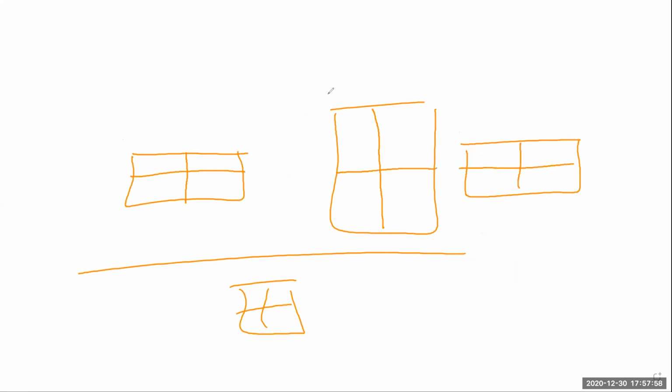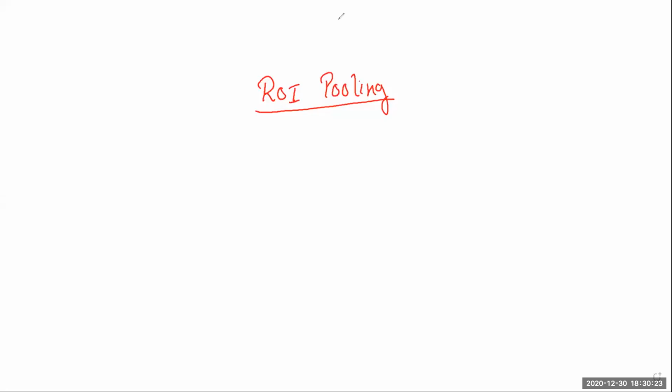So it means that this would be different for every box. My objective is to have a 2 by 2 grid in each of these boxes, and from each grid cell I pick the maximum value. So you see, this will map to 2 by 2, this will also map to 2 by 2, and this will also map to 2 by 2. Okay, so this is the general idea. We'll see it in more detail in a while.